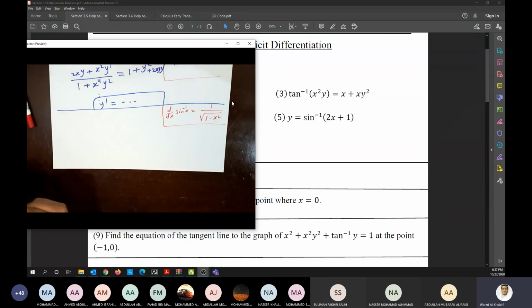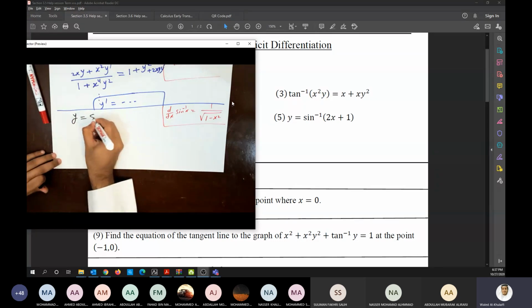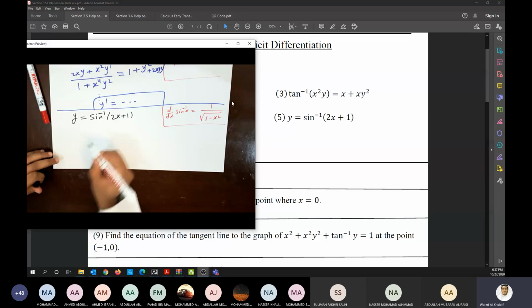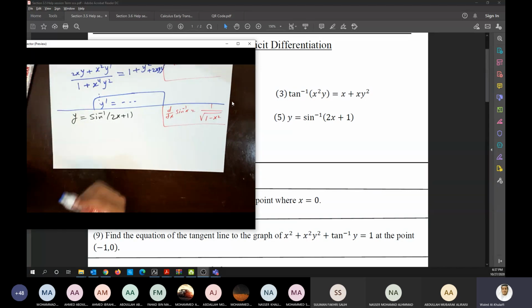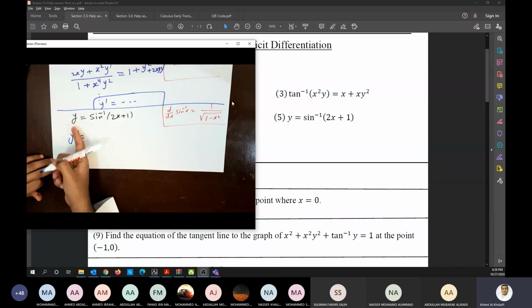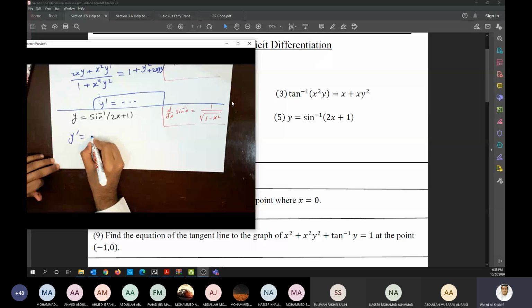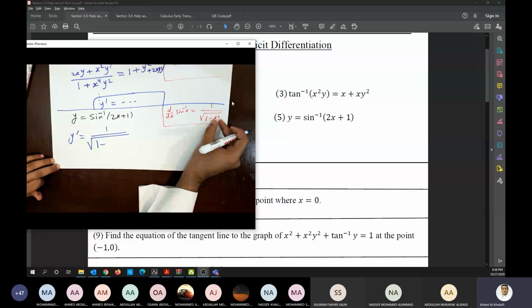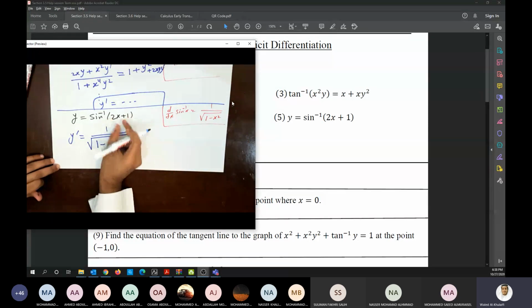So if you have y equal sine inverse of 2x plus 1, the derivative will be y prime equal 1 over square root of 1 minus, you see here x, I'm squaring it here, so whatever is inside, I square it.